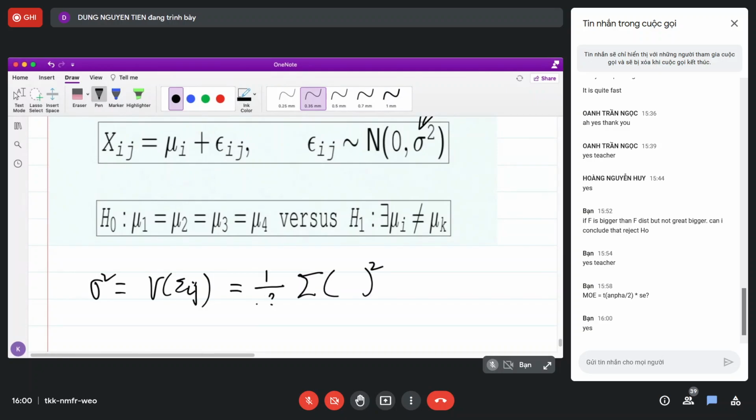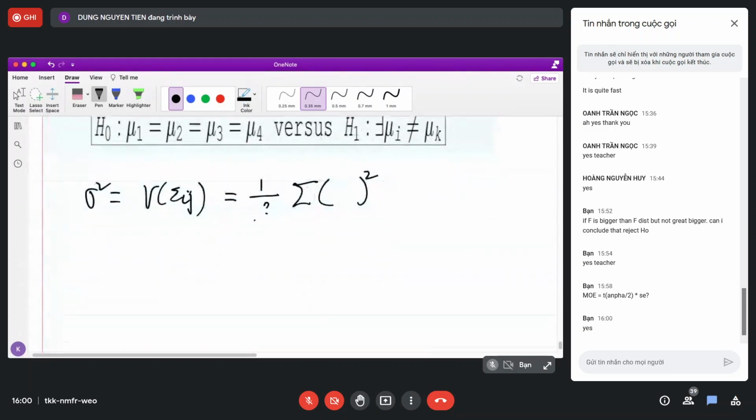Okay, and then we can see that this is actually the sum of the xij, the observations, minus the mean of each group. So the xij minus the xi bar square. Okay. And you come up with this one, right?